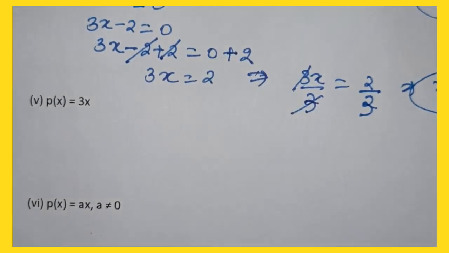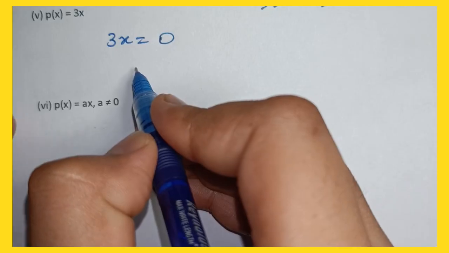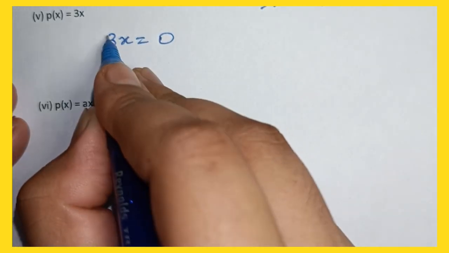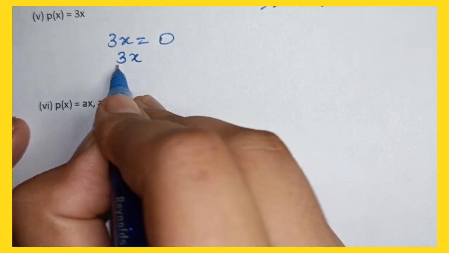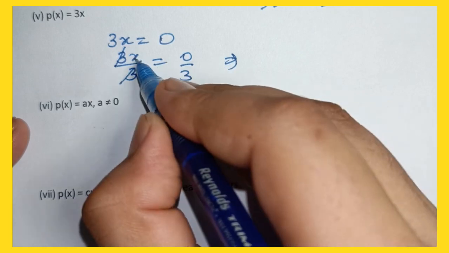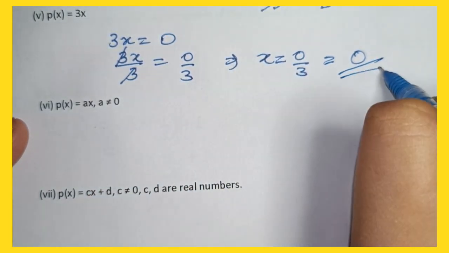Now moving to your fifth question. Here also just equate your polynomial with 0 to get your desired value, and now you will divide by 3 on both sides. So you will get x is equal to 0 upon 3, and that is 0 only.